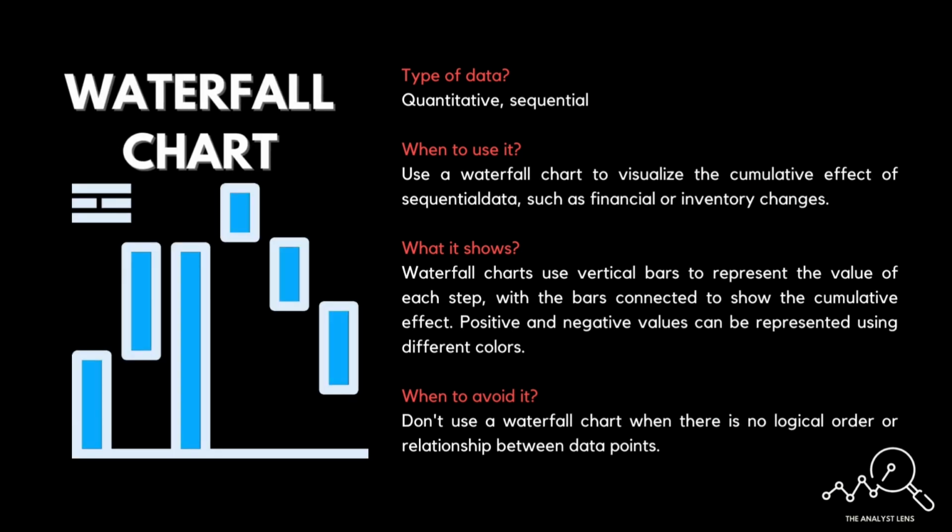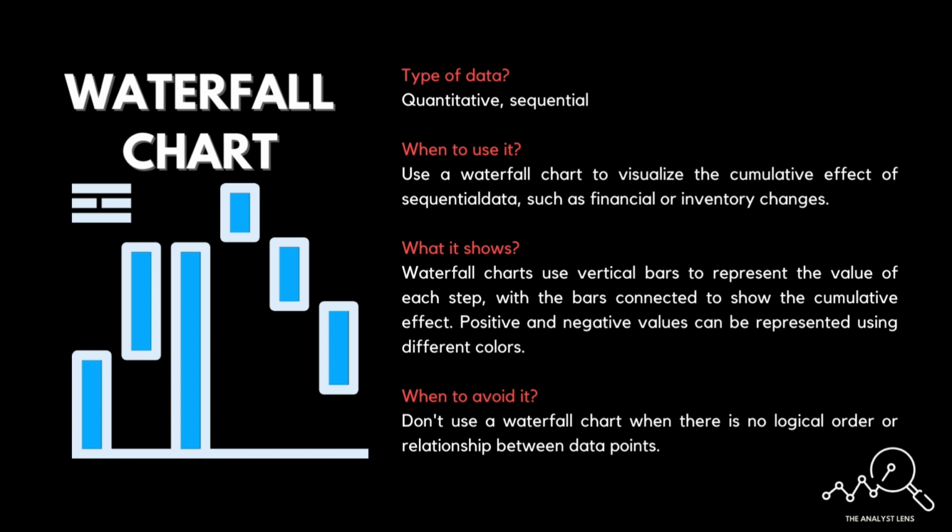Here comes the waterfall chart. The type of data preferred should be quantitative and sequential. Use a waterfall chart to visualize the cumulative effect of sequential data, such as financial or inventory changes. Waterfall charts use vertical bars to represent the value of each step, with the bars connected to show the cumulative effect.